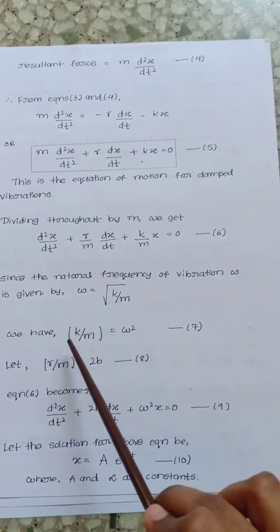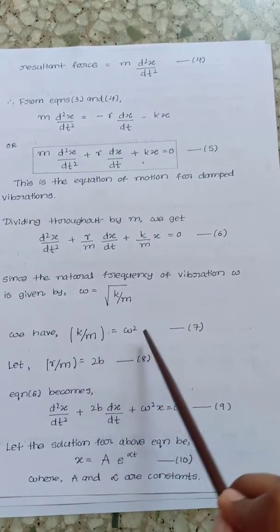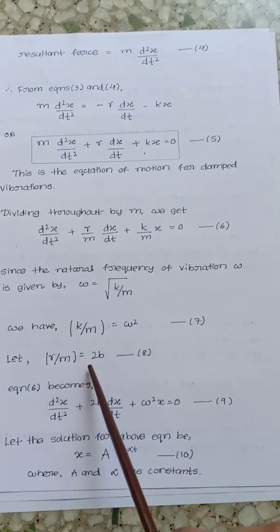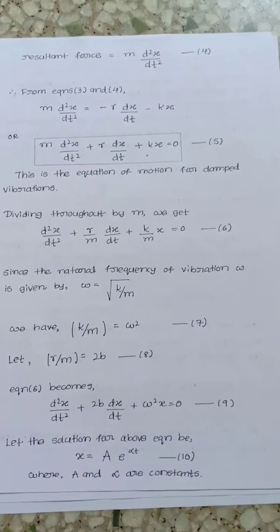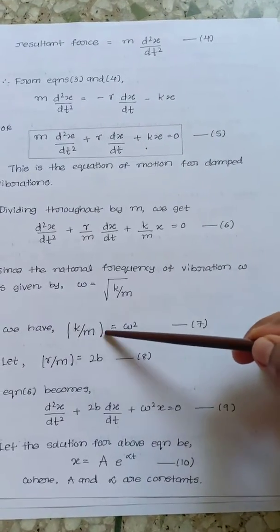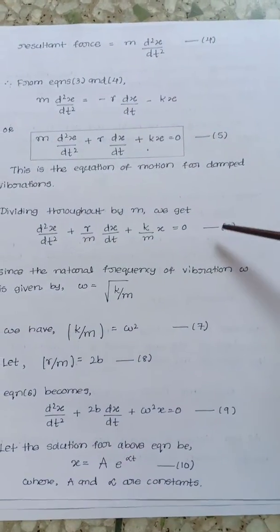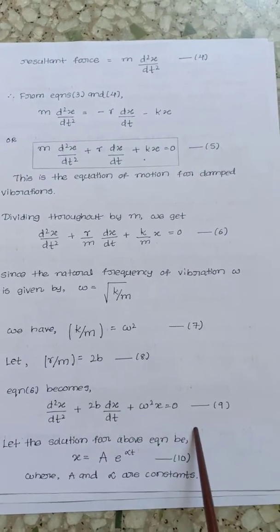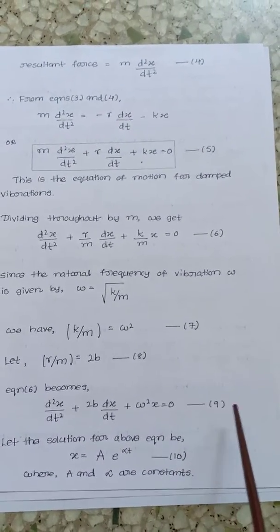We can write it as k by m is equal to omega square. Now let us take r by m is equal to 2b. Now substitute the values of k by m and r by m in equation 6. You will get this. Take it as equation number 9.